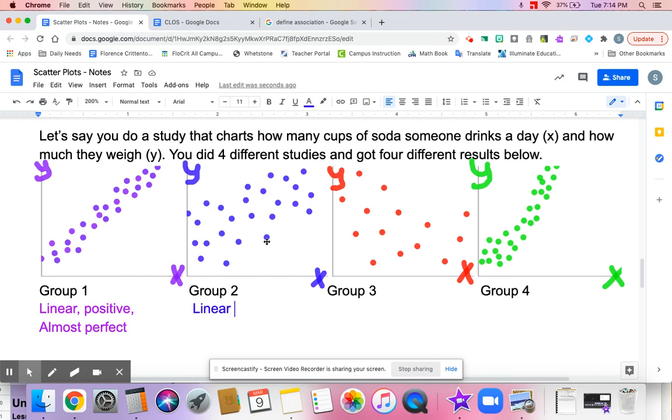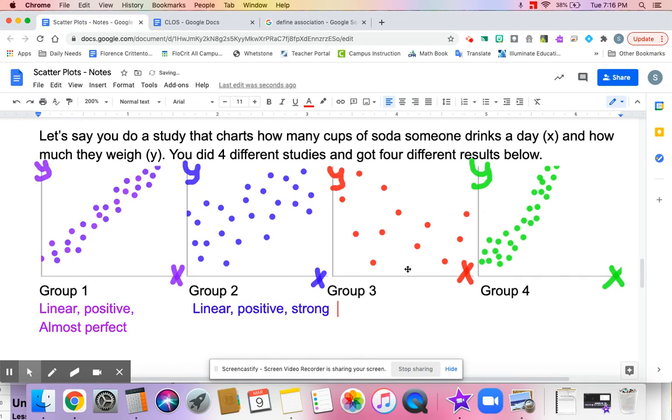It's still going up over time because the data is kind of starting down here and then going up. And how strong is it? I would say this is pretty strong.